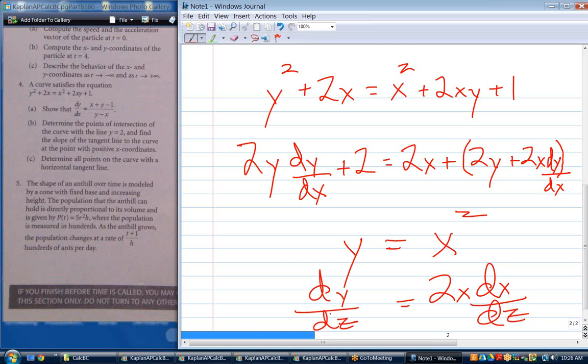This is one reason that this notation is so much better than y prime. Y prime doesn't tell you what you're differentiating with respect to. And you get a lot of problems like related rate problems where you need to differentiate the entire equation with respect to a third variable.